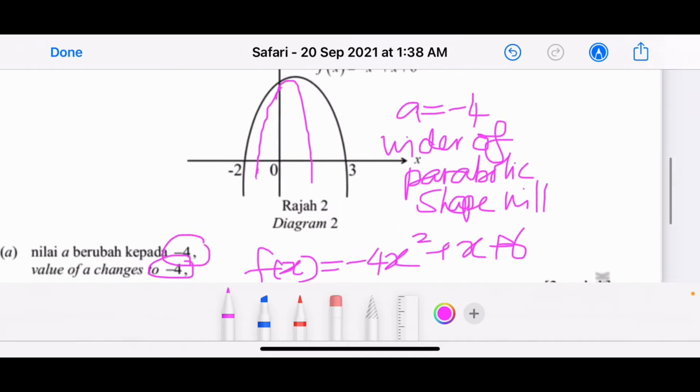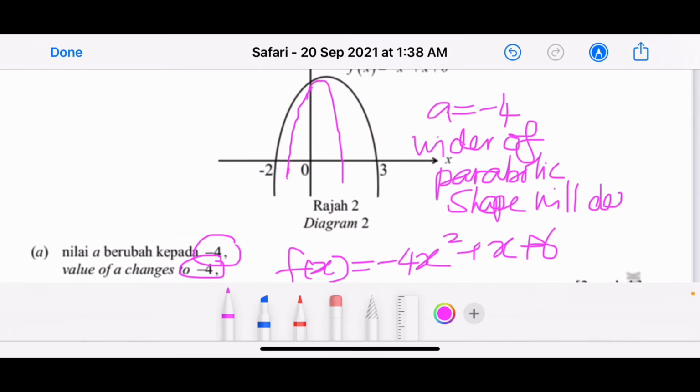The width means the size here. It becomes less than the original one, which is this one, from 2 to 3. Now the shape, because it actually comes narrower, becomes a bit narrow compared to the original one.